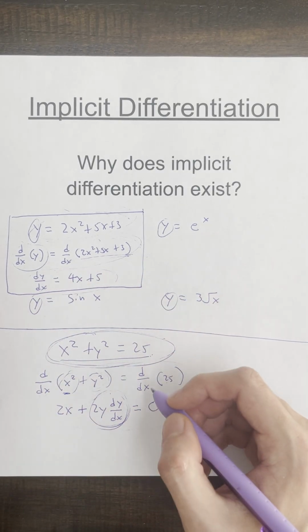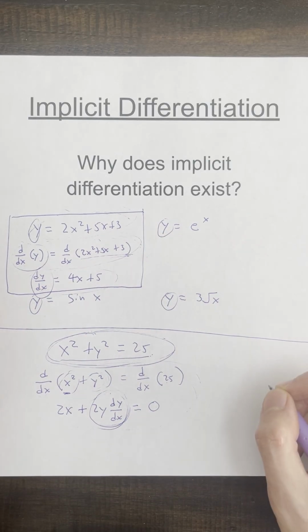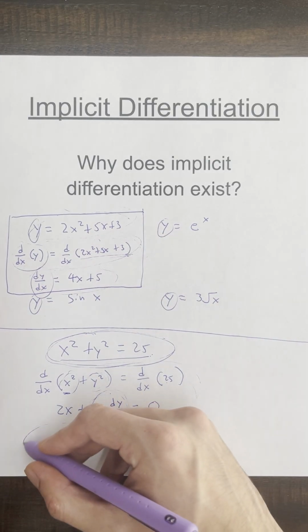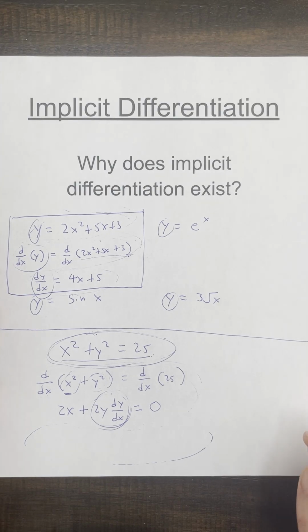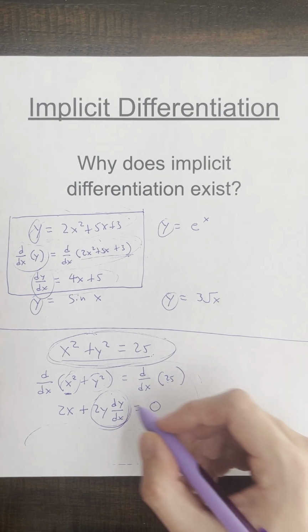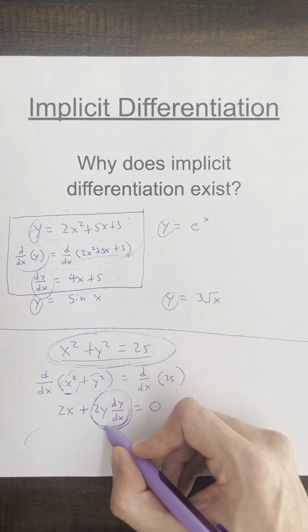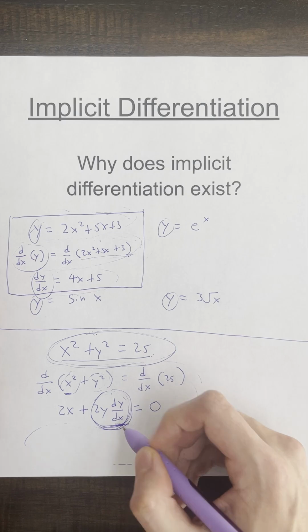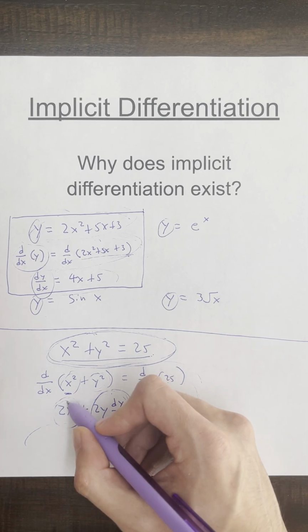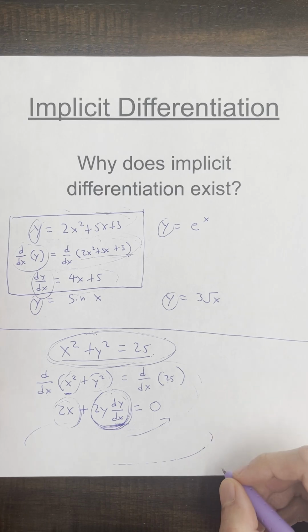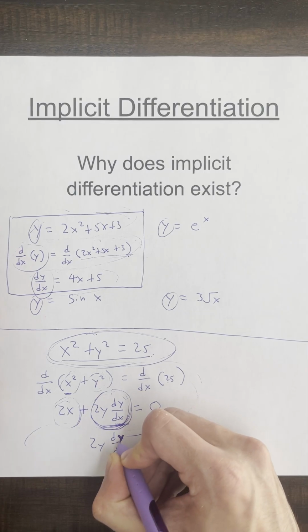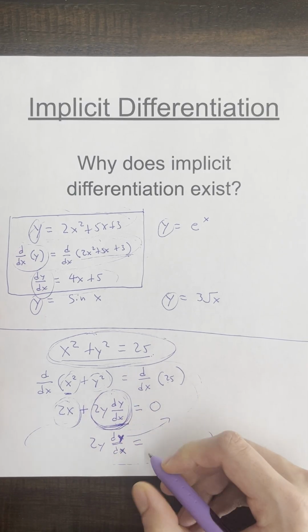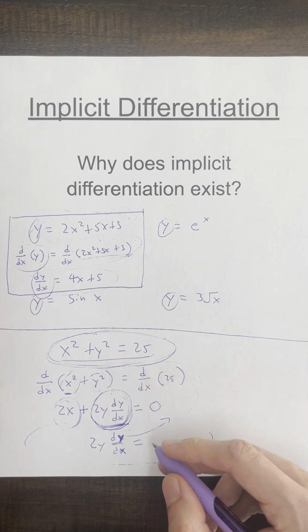And then over here, you'll notice that we have dy dx by itself. So our next step here is also to get dy dx by itself. Now, how do we do that? Okay, so we're going to keep everything that has dy dx on one side of the equation, and then we're going to try to get everything else that does not have dy dx to the other side of the equation. Okay, so to do that, I'm going to subtract 2x from both sides of this equation.